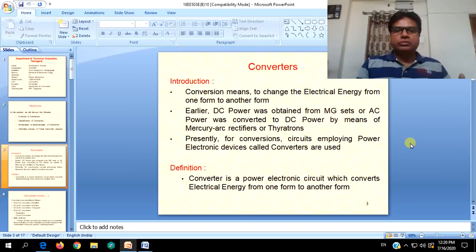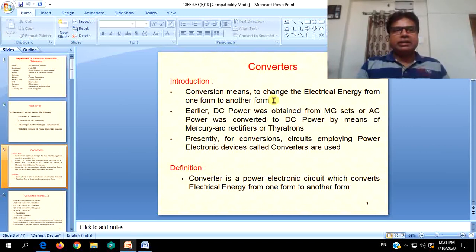But when it comes to power electronics or electrical energy conversion, conversion means to change the electrical energy from one form to another form. What is this form again? As we know, electrical energy or electrical power is basically of two types, broadly speaking, that is AC and DC.